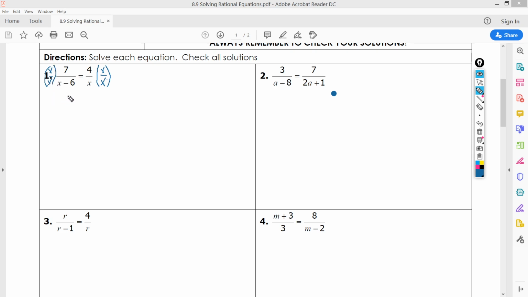So, what I'm doing is multiplying both sides by x. And that's going to get rid of this x. And I also multiply both sides by x minus 6.